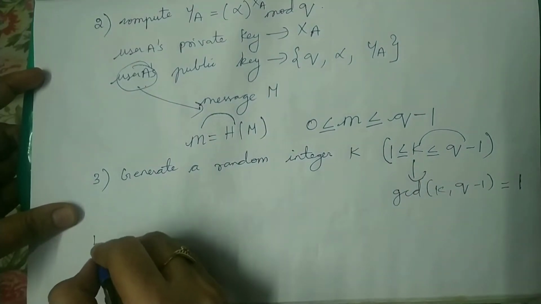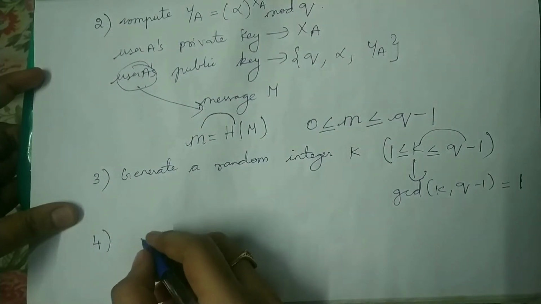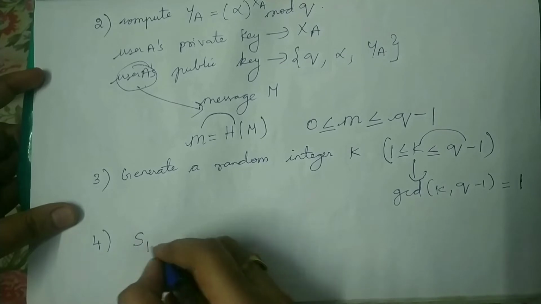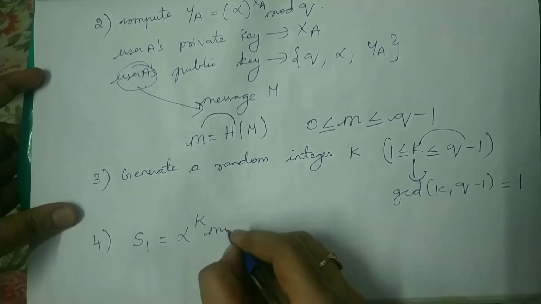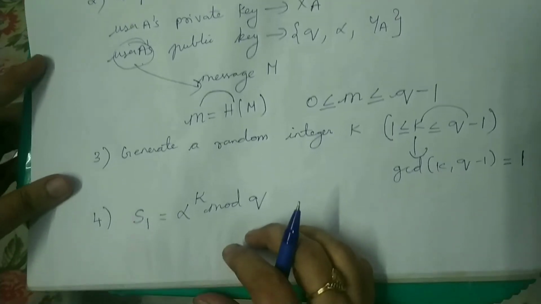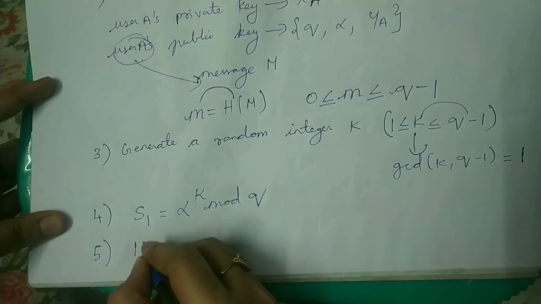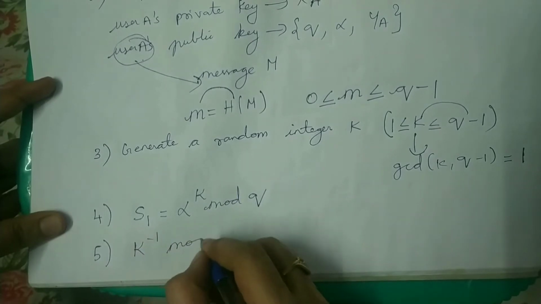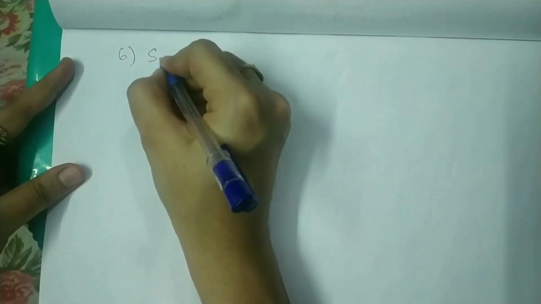The next step is we need to find the S1's value. That is the signature S1's value. The formula for that is alpha to the power K mod Q. Next step is we need to find the value of K inverse mod Q minus 1. Next step we need to find the S2's value.